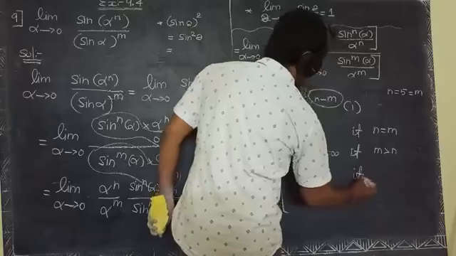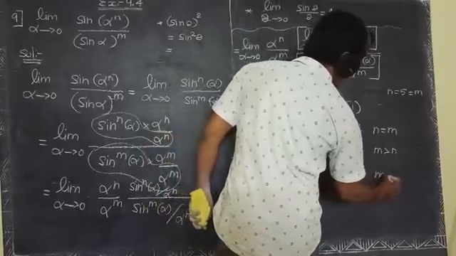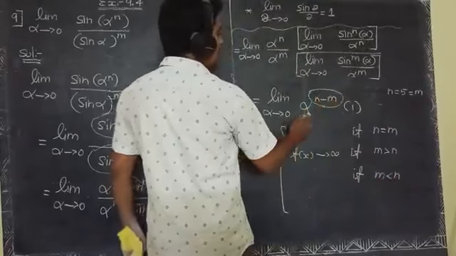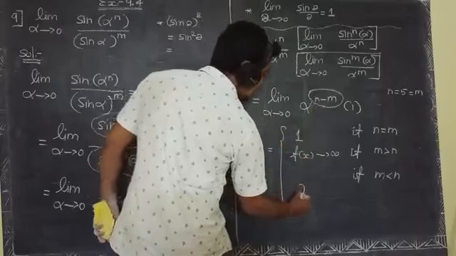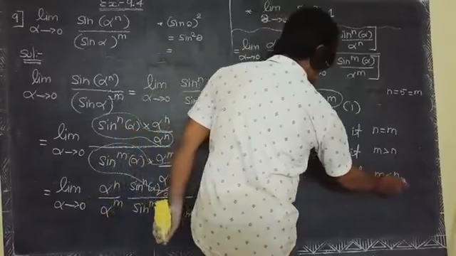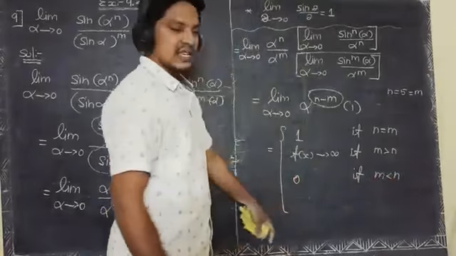Suppose m is less than n, that is n greater than m, giving positive powers. As alpha approaches 0, the result is 0, so f of x is 0.